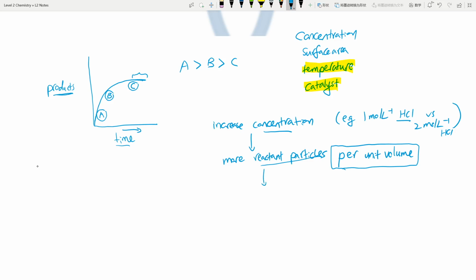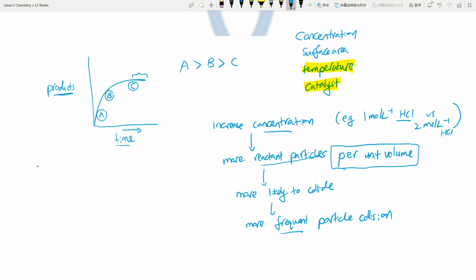That means because there are more particles, they're more likely to collide, and therefore there are more frequent particle collisions. Now, it depends on who taught you this; I don't actually have a preference.